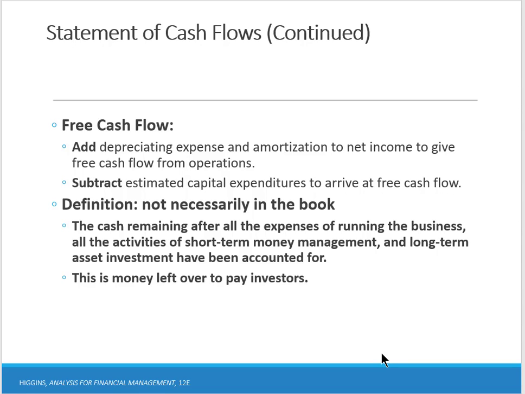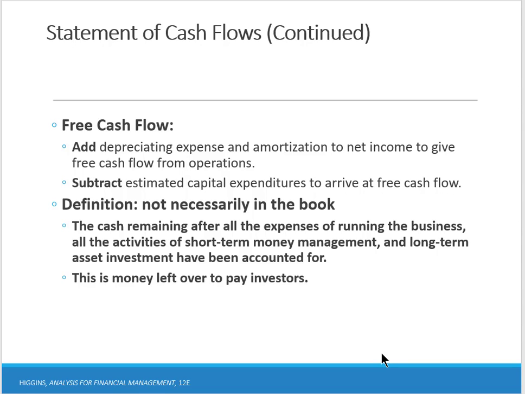So we have a definition of something called free cash flow. Essentially, we add depreciation and amortization to net income. That gives us free cash flow from operations. We then subtract the estimated expenditures for capital expenditures, but frequently we also include short-term kinds of expenditures.